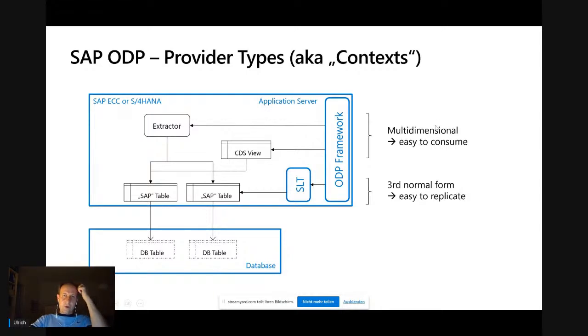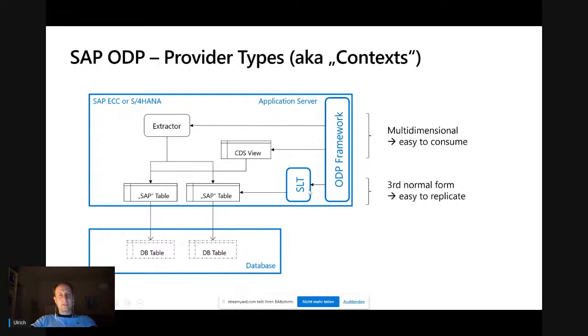The drawback or the trade-off you always have to make is easy consumption, right? If you go for multidimensional models, so if you decide to load from an extractor or a CDS view via ODP, then consumption will be very easy because that's what the data is prepared for. On the other hand, when it comes to replication, of course, working with bare tables is much, much simpler, right?